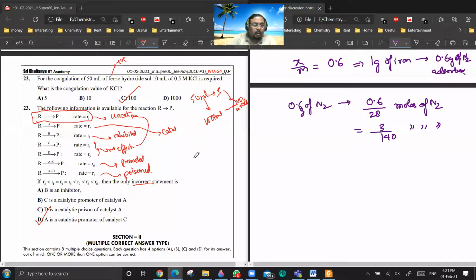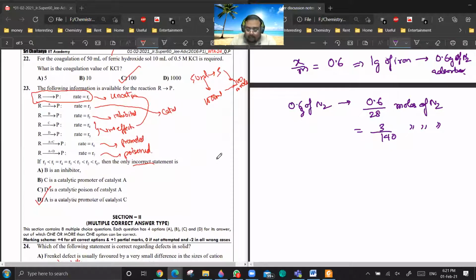23, okay, now you see in 23, R giving P has a rate of R1. Now this is an uncatalyzed reaction because there is nothing on the arrow. In other cases there is something on the arrow. So R1 will be the base value, right?